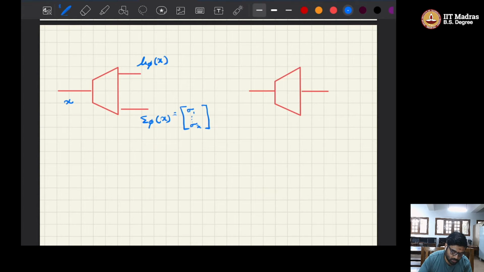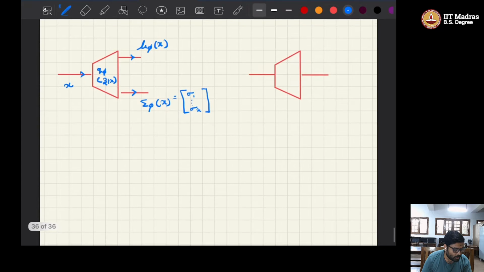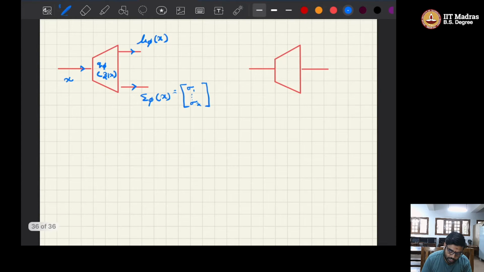So this is q phi of z given x. x is the input, you get these things. This is the encoder model.